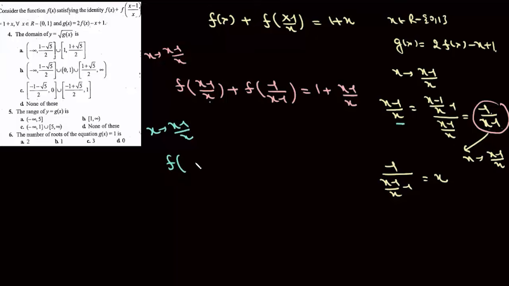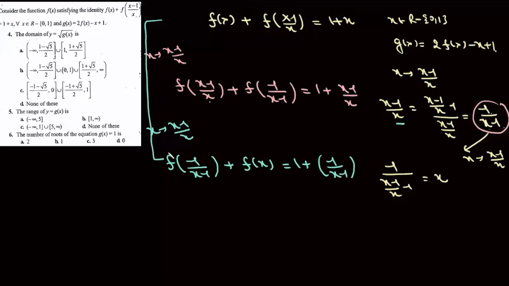So it will be f(-1/(x-1)) plus f(x), which equals 1 - 1/(x-1). So now we have 3 equations. So what we'll do is, we'll add the first and third equation, and we'll subtract the second equation.